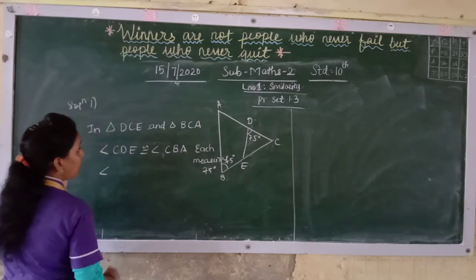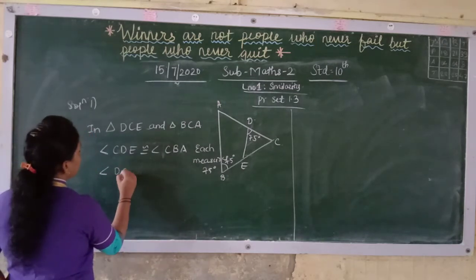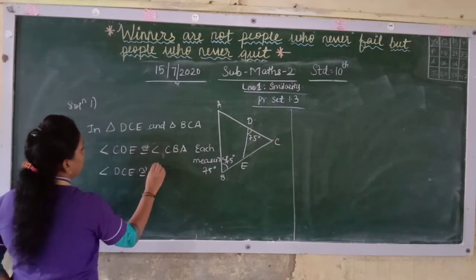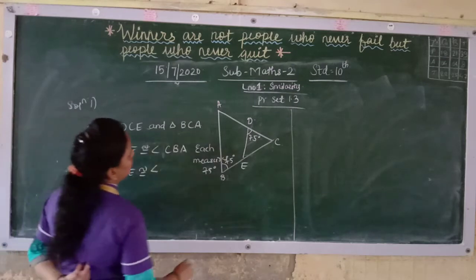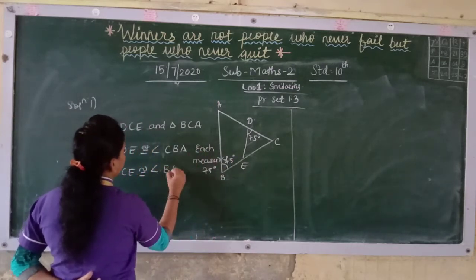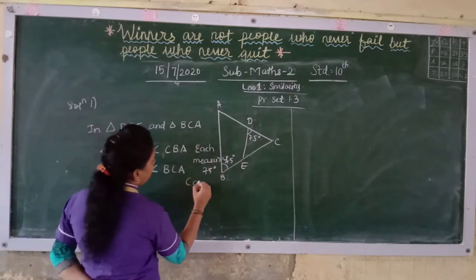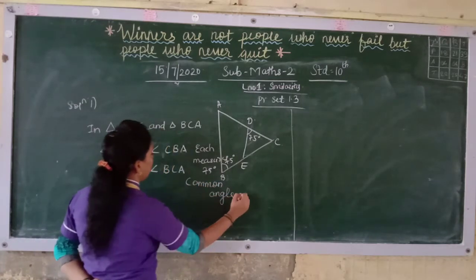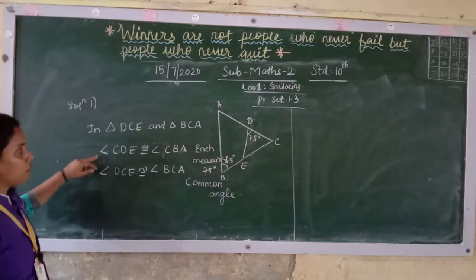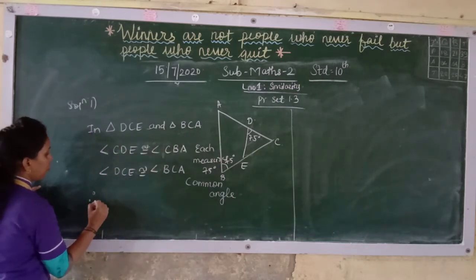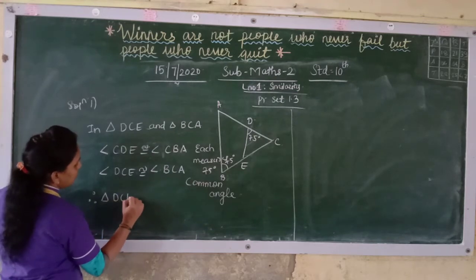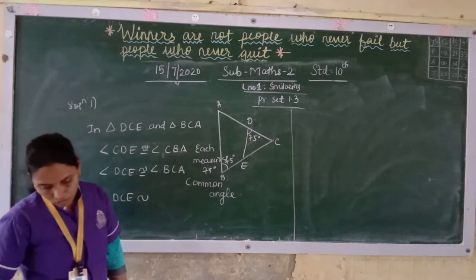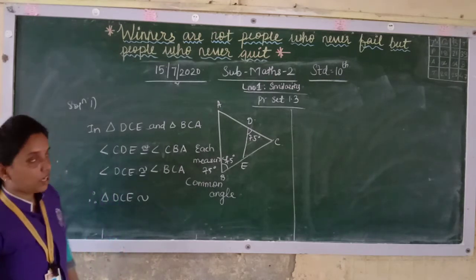So here you can write angle DCE is congruent to angle BCA. Reason you can write here common angle. So you have got here two angles. So therefore triangle DCE is similar. See, they have asked here, state which two triangles are similar and by which test.